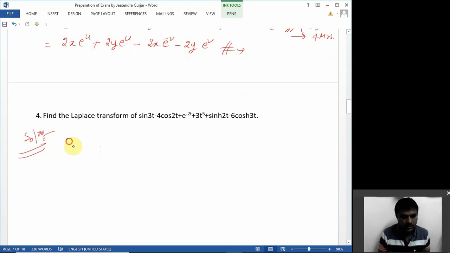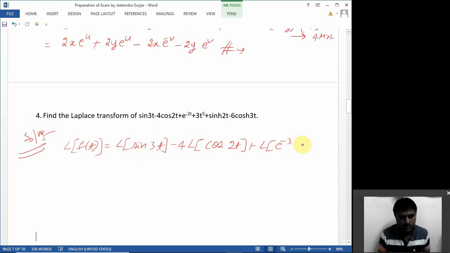Okay, so I say that Laplace transformation of f of t is equal to Laplace transformation of sin 3t minus 4 Laplace transformation of cos 2t plus Laplace transformation of e raised to minus 2t, plus 3 Laplace transformation of t raised to 5.